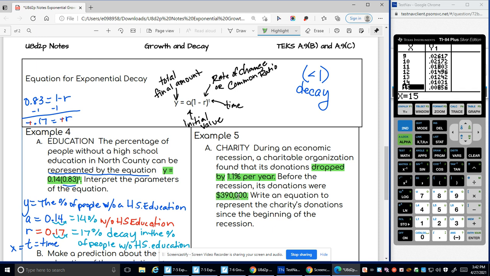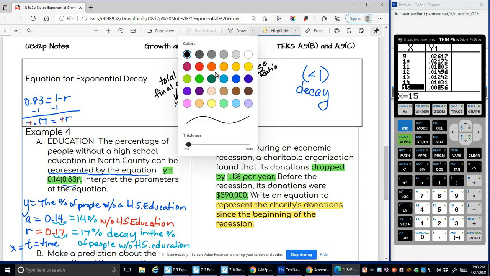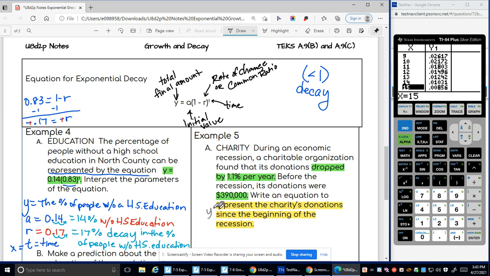And represent, okay, there's that magical phrase. We want something to represent the charity's donations since the beginning of the recession. That's probably telling us what y is. This is probably y, this is probably an initial amount right here, and this probably has to do with the rate.